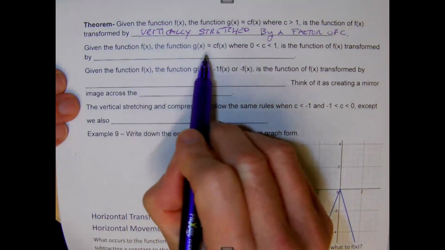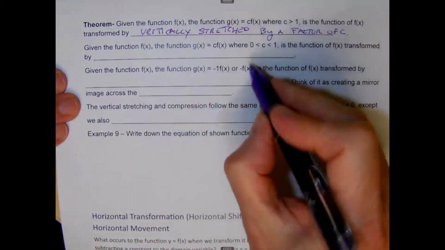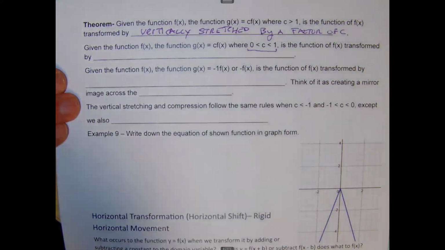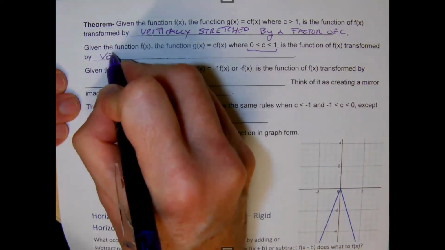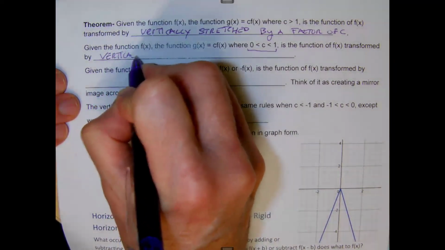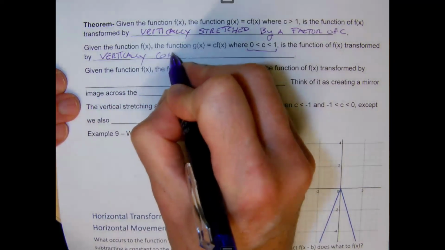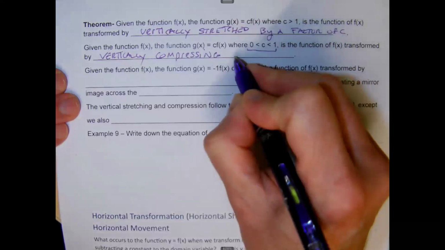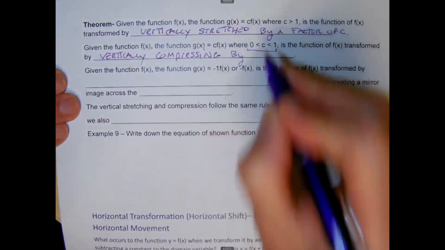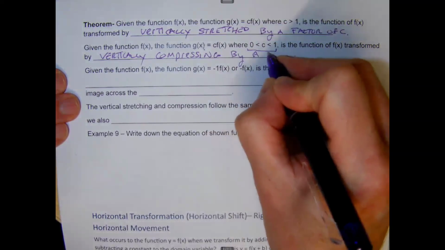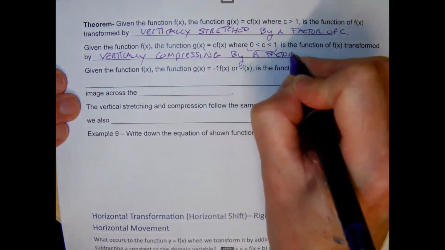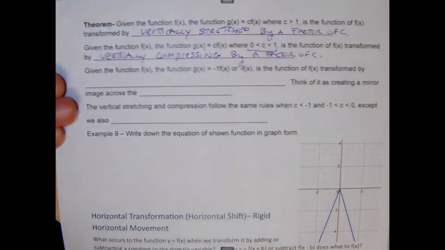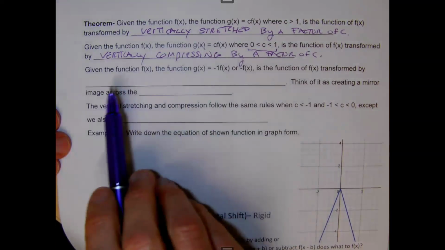Given the function f of x, the function c f of x, where again now c is between 0 and 1, is the function f of x transformed by vertically compressing by a factor of c. So again, the factors means you're going to multiply to get the final result.